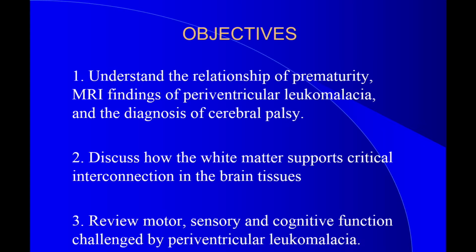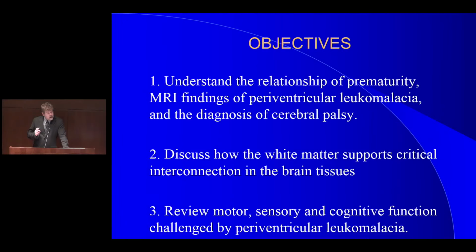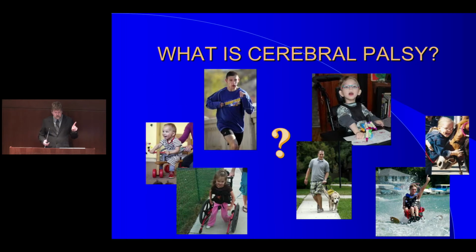We'll look at MRIs that demonstrate the periventricular leukomalacia and then how that relates to the diagnosis of CP. I want to discuss how periventricular leukomalacia affects the white matter, and talk about some of the new imaging we have to better understand interconnections of brain tissues. And then I want to discuss these broadly affected systems, motor, sensory, cognitive functions that are challenged by periventricular leukomalacia. But we should start by talking about some basic definitions.